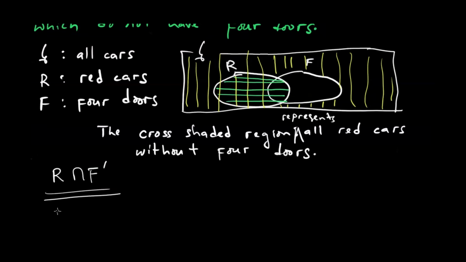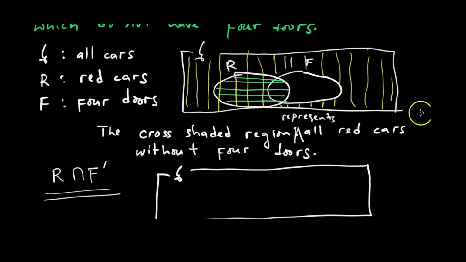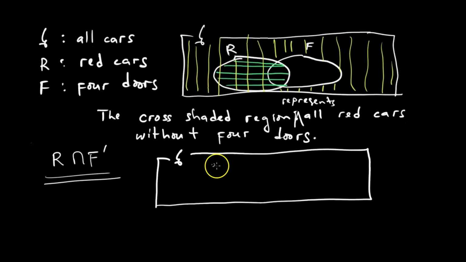So before I explain further what was happening here, let me introduce you to my second method. I will just redraw it here so that it is clearer. So we have R, we have F. Say we want to shade the region of red cars but without 4 doors.